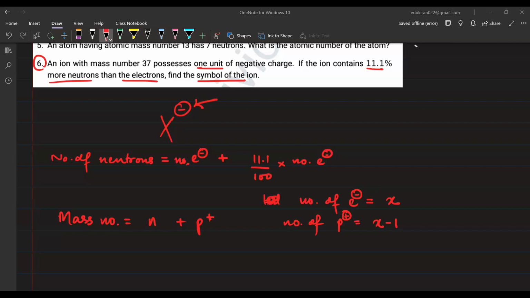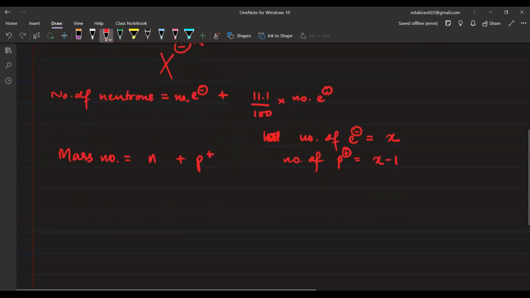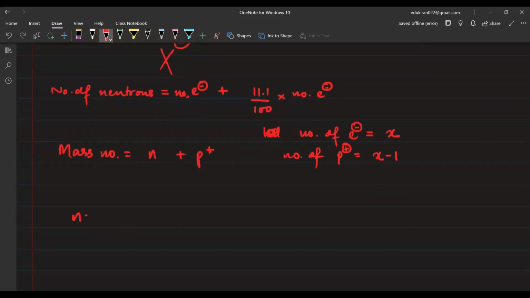Okay. Now, similarly, I can say that number of neutrons will be equal to number of electrons, which is X, plus 11.1 divided by 100 into X. Yes or no? Please tell me. Correct? Can we solve this now?